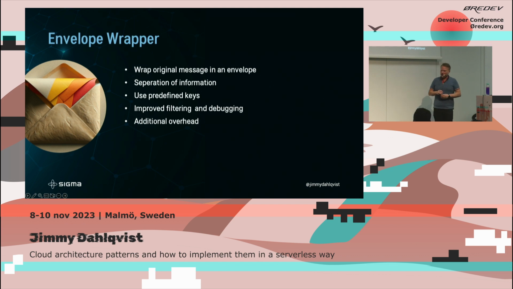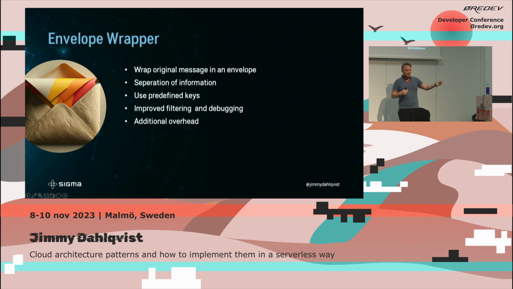We need to talk about the envelope wrapper, because we're going to use it a lot in this talk. What is an envelope wrapper? Just as you send a letter to someone, you take the letter and put it in an envelope. You do the same here. You take your original message and put it into an envelope. We do that so we can separate the information.